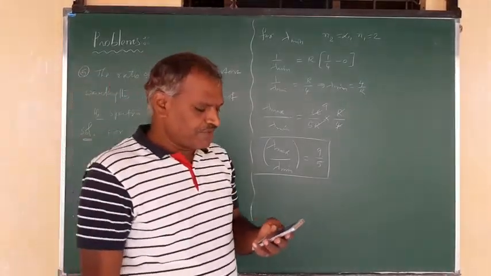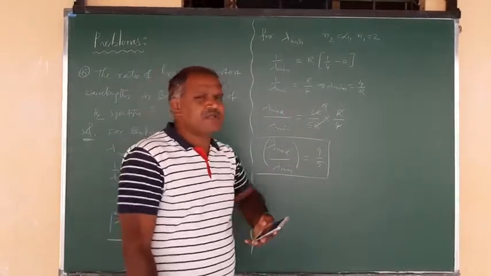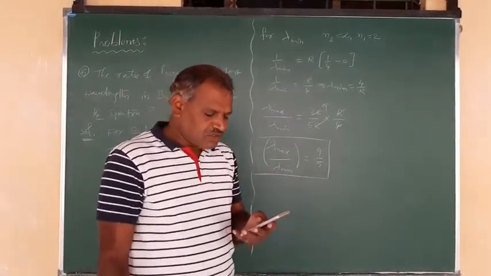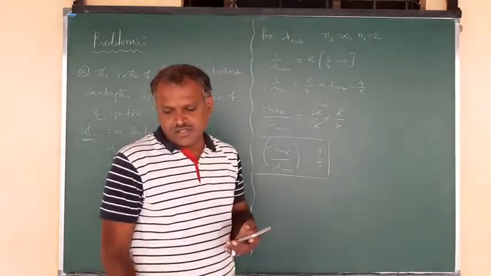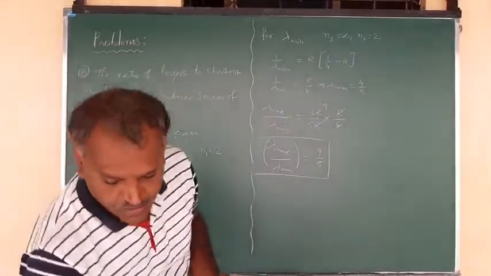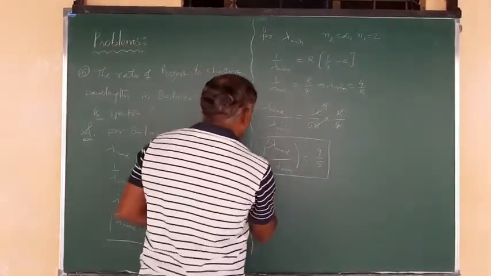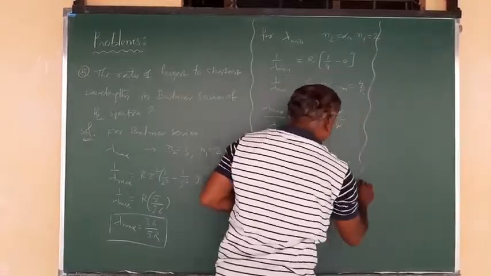There is one more question. The energy of electron in the ground state in hydrogen atom is given as minus 13.6 electron volts. Then what is the kinetic energy of electron in the fourth orbit? This is the sixth question, and we just make a note of what is given.